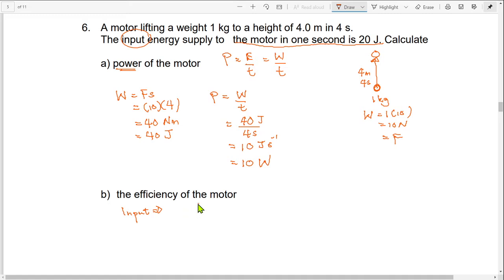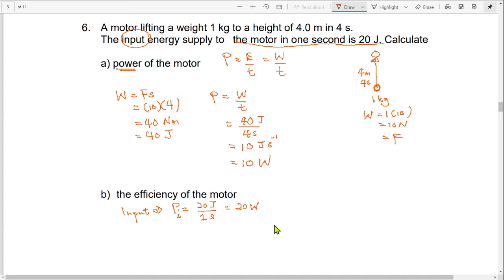It says 20 joule in 1 second. So what is this? This is actually the power. The input power is 20 joule per second, or equivalent to 20 watt.